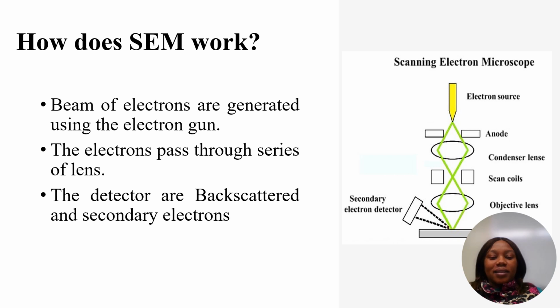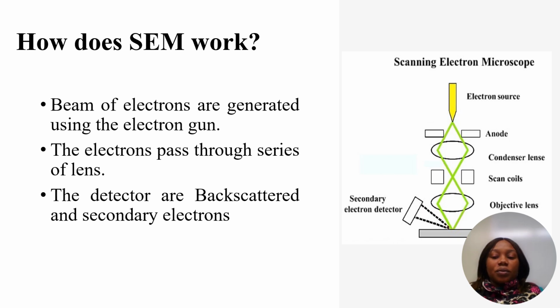How does the SEM work? The basic principle of SEM is that first the electron gun generates a beam of electrons that passes through a series of lenses until it gets to the sample. The beam goes through the anode and through the condenser, and the condenser helps to converge this beam.